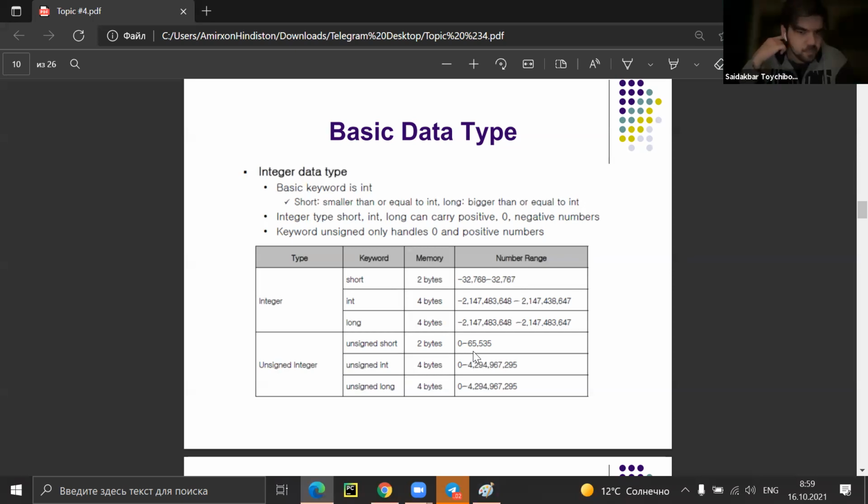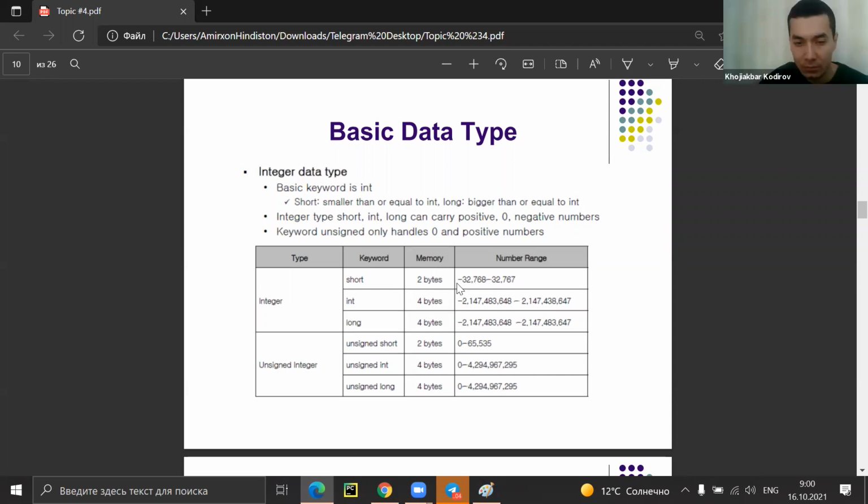Yes. The range of signed integer numbers is from minus 32,768 to 32,767. Okay, the range is this one.